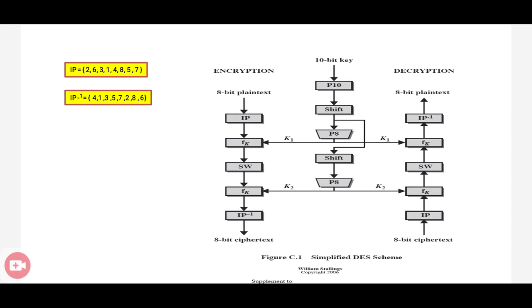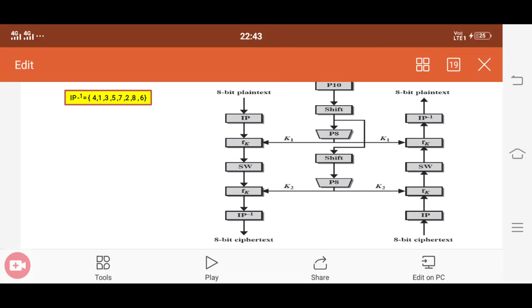The second round key is produced by using the 10-bit key after performing the P10 permutation and shifting. First a left shift, then again we perform another left shift. Then performing a permutation with respect to 8 bits produces K2, the second round key. Clear? This is the structure of the simplified DES scheme.